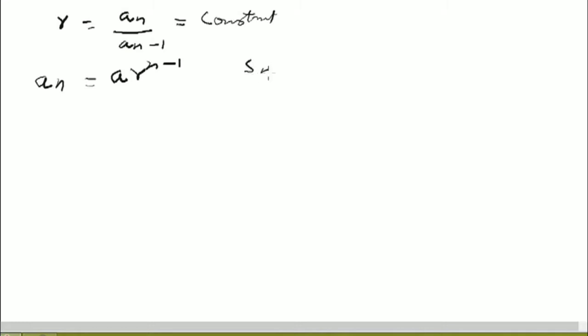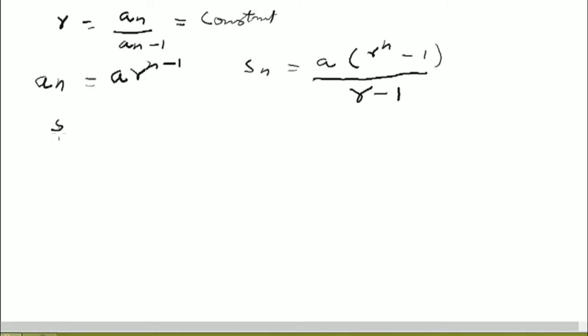Same way you can find the sum of n terms in GP as a(r to the power n minus 1) by r minus 1. Here r is greater than 1. If r is less than 1, you can write the formula as a(1 minus r to the power n) by 1 minus r.